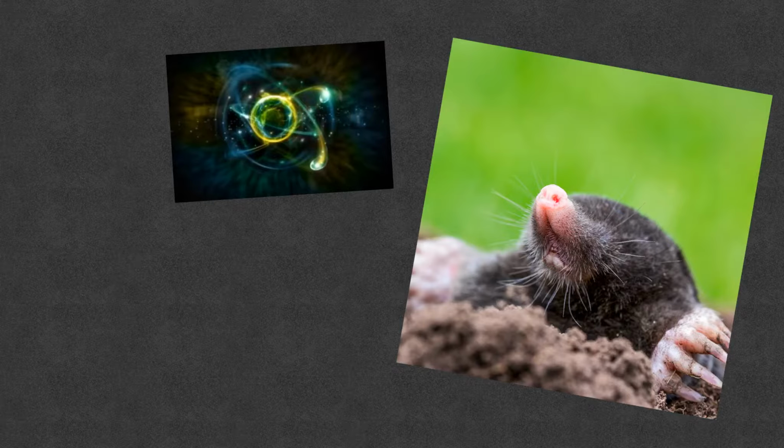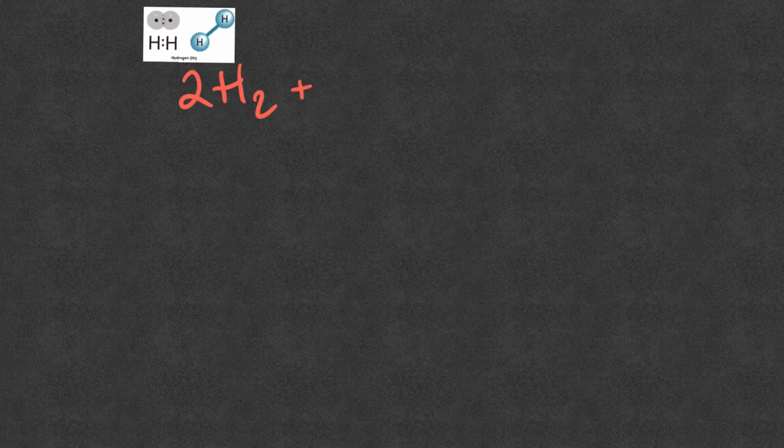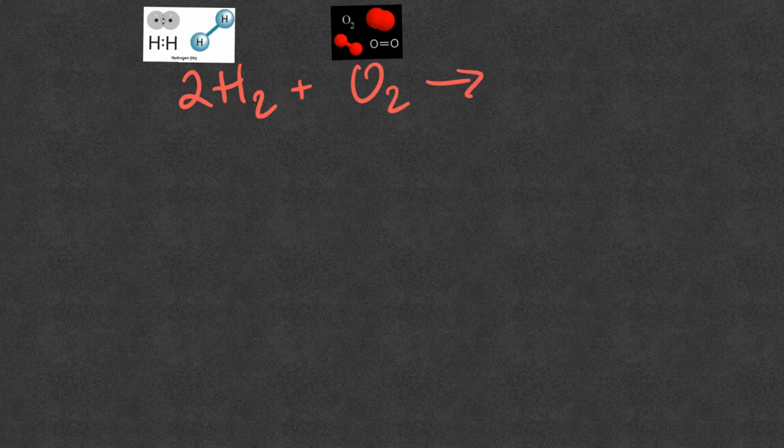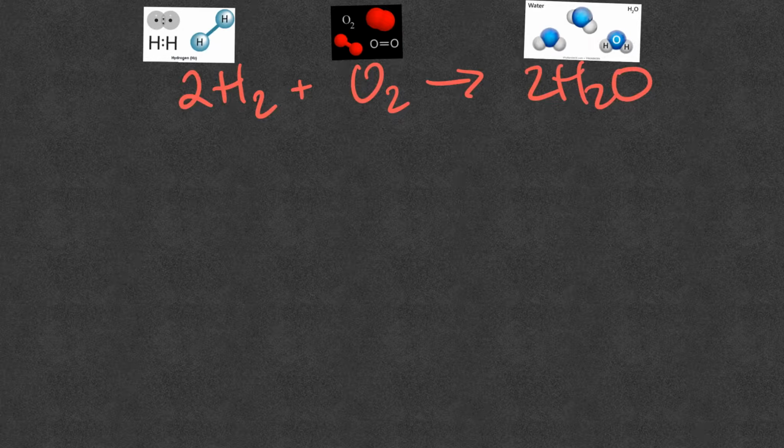For example, take this simple equation: 2H2 + O2 yields 2H2O. Normally we would say that 2 molecules of H2 react with 1 molecule of O2 to make 2 molecules of H2O.